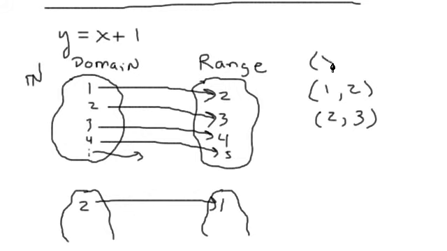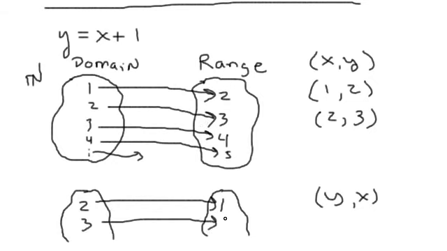So this is x, y, and this down here becomes y, x. So when we plug 2 into the inverse, we get 1 out. When we plug 3 in, we get 2 out. So you can just trace this right on back in this direction right here.